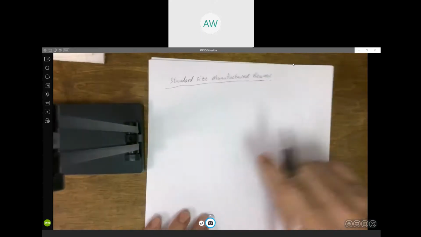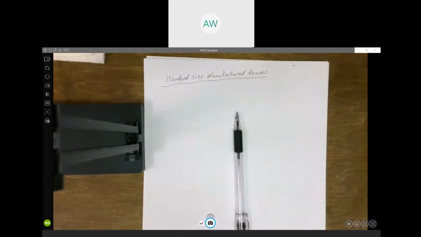The example we just looked at would fall under a custom made beam, right? We were custom sizing this beam, but there are a lot of standard size beams that steel manufacturers produce that you can go pick out or select from whatever vendor you're buying from.